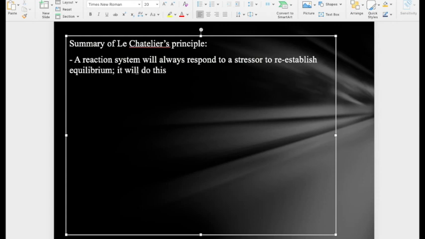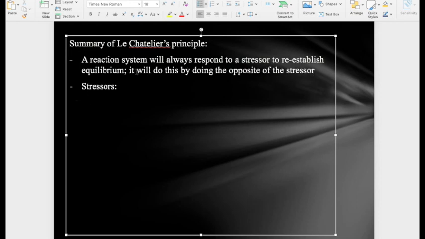It will do this by doing the opposite of the stressor. Possible stressors are change in concentration of a species. That one's simple.